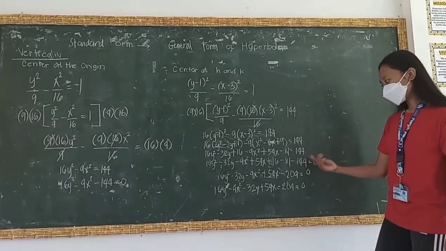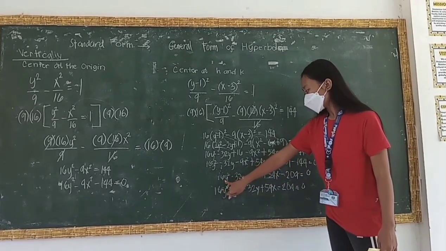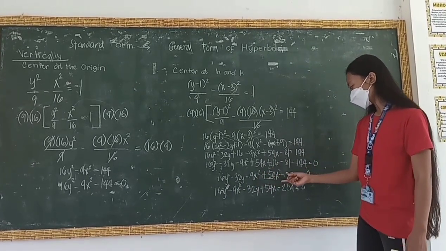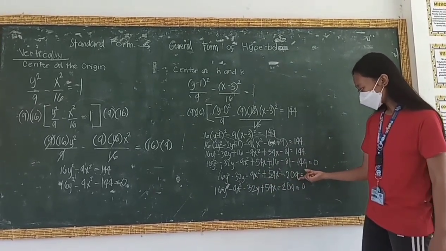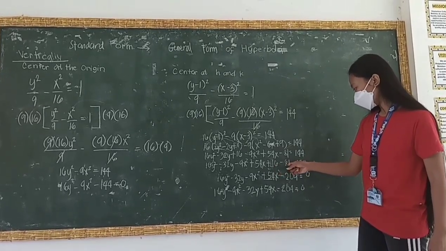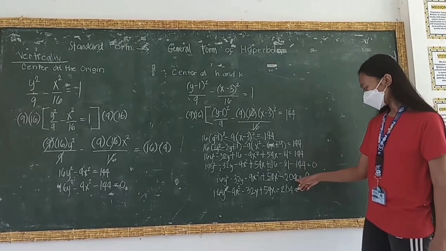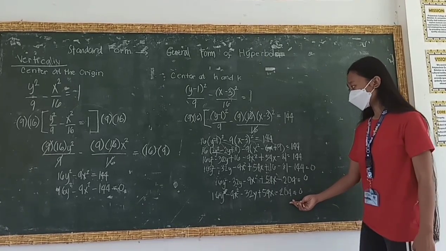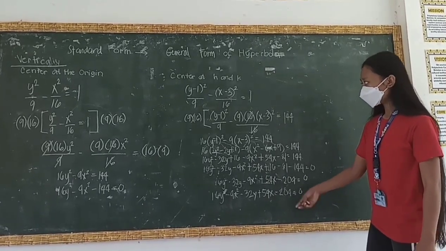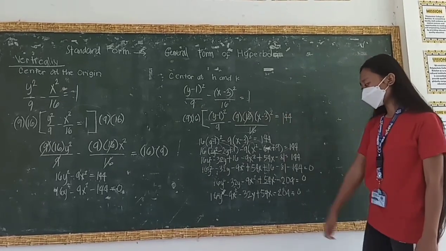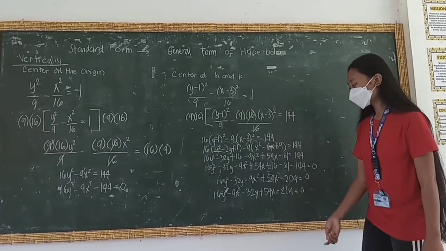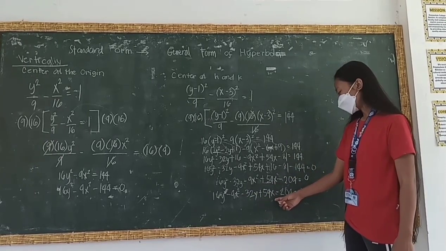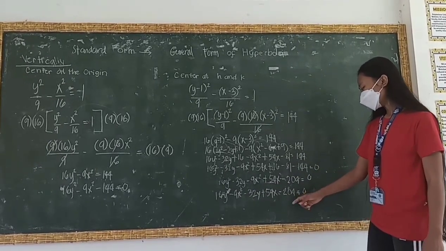We'll simplify, so it will become 16y squared minus 32y minus 9x squared plus 54x minus 209, because 16 minus 81 minus 144 is equal to negative 209, is equal to 0. This is the general form or the final equation of this standard form. We will combine the same exponents, so it will become 16y squared minus 9x squared minus 32y plus 54x minus 209 is equal to 0.